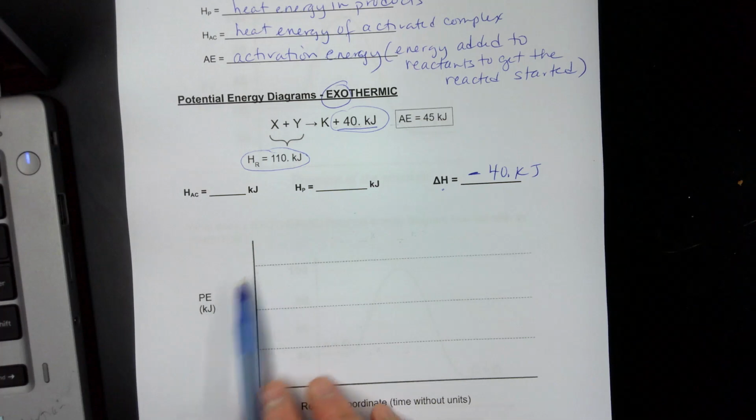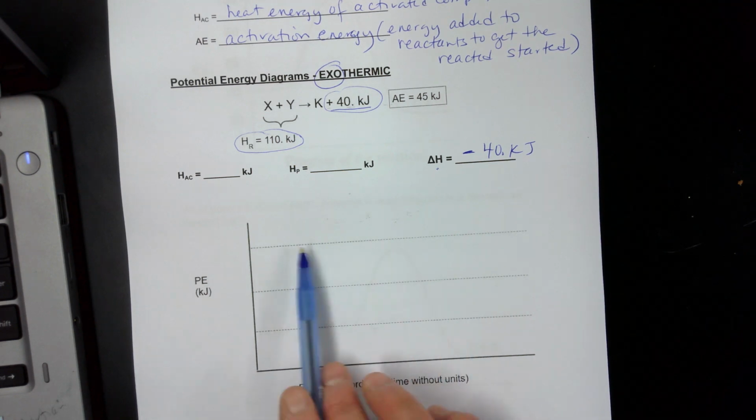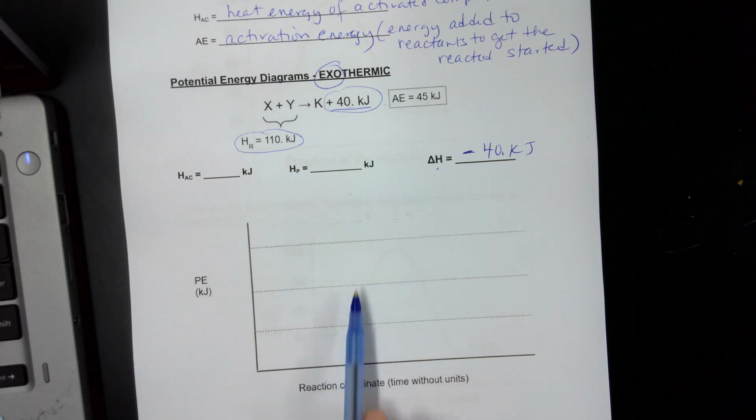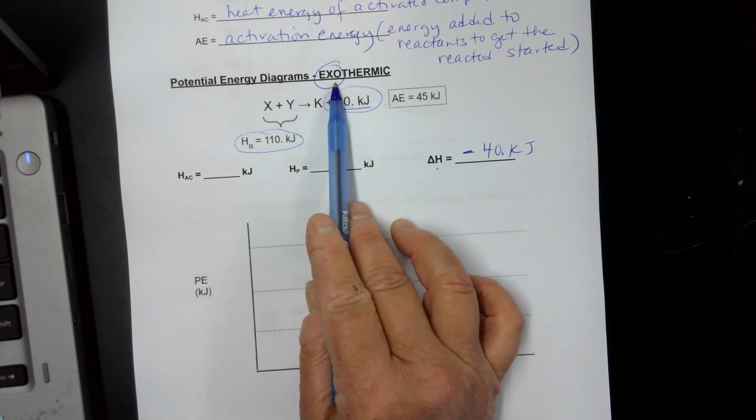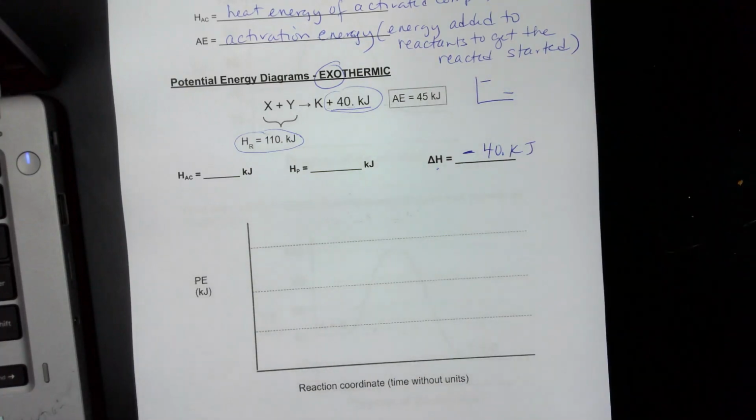So down here on this potential energy graph, we've got potential energy on the Y, we've got time progressing on the X, and then there are 3 dotted lines. We're going to ignore the top line for the moment, and we're going to use these 2 lines to represent the energy of the reactants and the products. Because this is exothermic, we know that we're going to start high and end low.